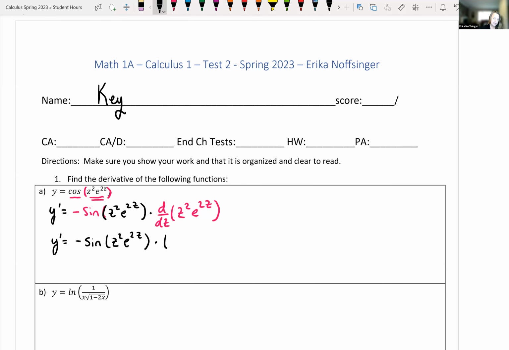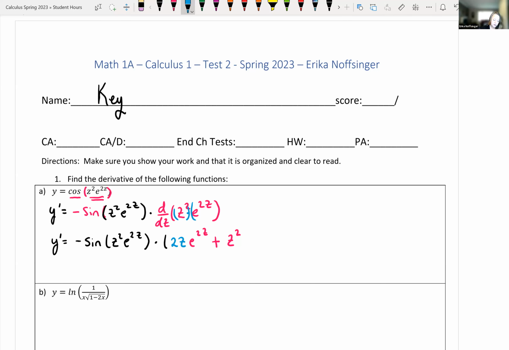And notice when we're looking at the derivative of the inner, we need to use the product rule. So the derivative, think of the first piece as z squared, is 2z times the second part, e to the 2z, plus the first part, z squared, times the derivative of e to the 2z.